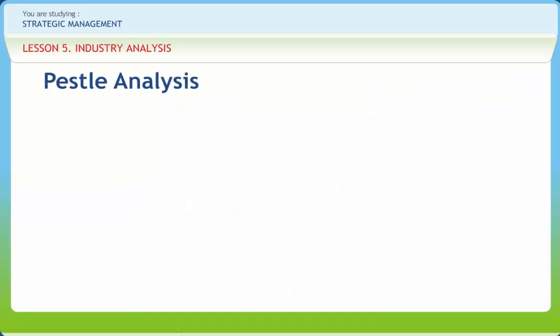PESTLE analysis is a useful tool for understanding the big picture of the environment in which you are operating and the opportunities and threats that lie within it. By understanding the environment in which you operate, you can take advantage of the opportunities and minimize the threats.